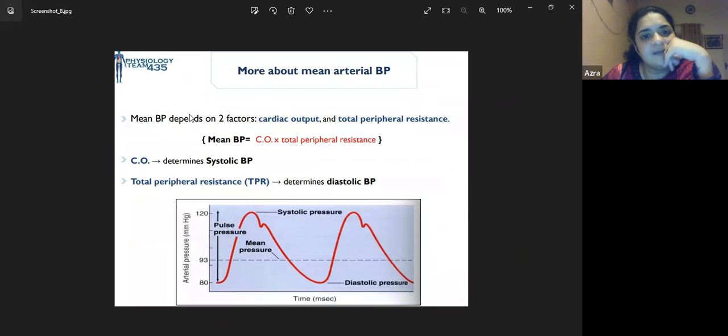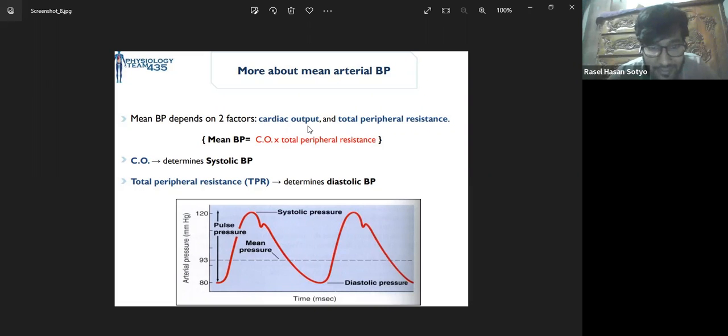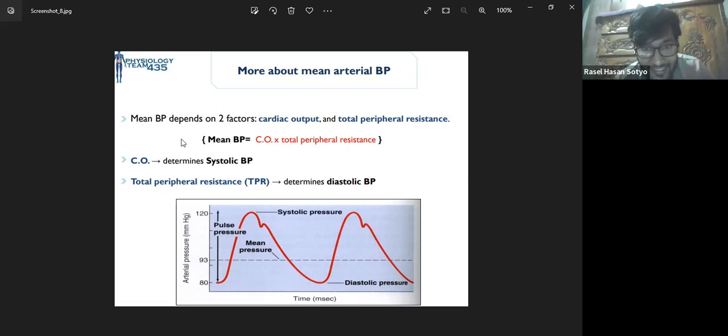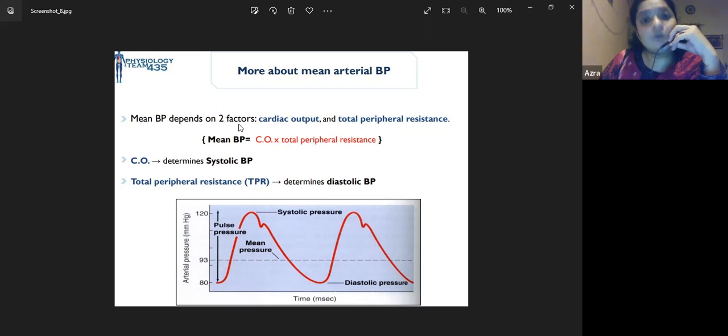Now next is the mean BP. Mean BP depends on two factors: cardiac output and total peripheral resistance.